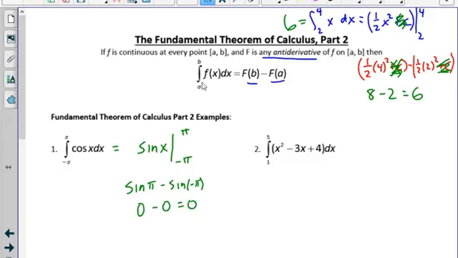Number 2, the integral from 1 to 5 of x squared minus 3x plus 4 dx. So if I evaluate this, I take an antiderivative, which is 1/3 x cubed minus 3/2 x squared plus 4x. I take this and I evaluate it from 1 to 5.